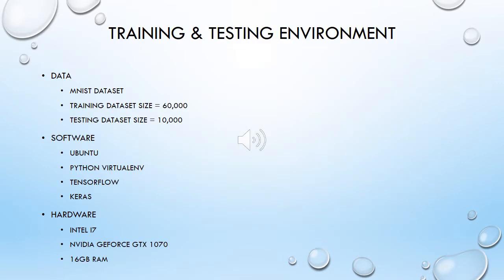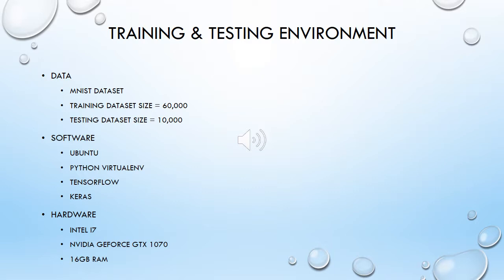For the test environment, I used the MNIST dataset. The training dataset size was 60,000 records of labeled data, and the testing data size was 10,000 records of labeled data. From a software point of view, I ran this on an Ubuntu machine and created a Python virtual environment.